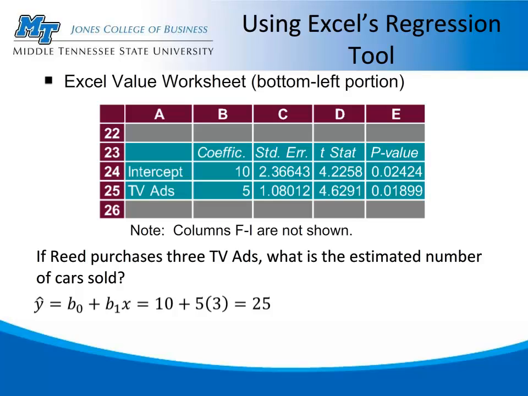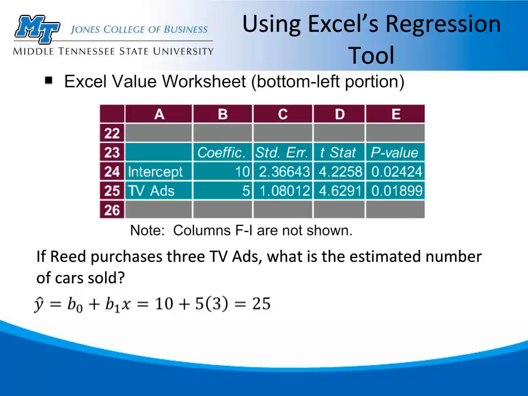Now, if the question is, if Reed purchases 3 TV ads, what's the estimated number of cars sold? Well, you just take your estimated regression equation, y hat, which represents the predicted value for y. Y hat is equal to b0 plus b1 times x. b0 is the y-intercept that you get from your sample. b1 is the slope that you get from your sample.